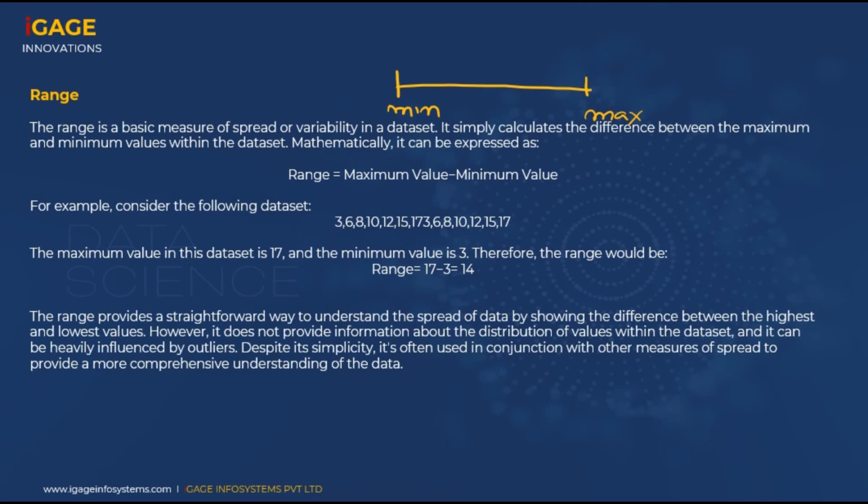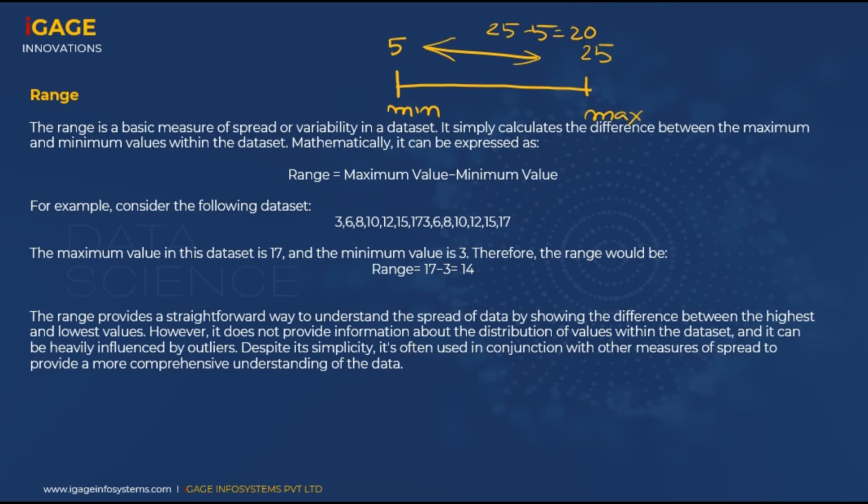The range is the distance from the largest score to the smallest score. If the largest score is 25 and the smallest score is 5, the range value is 25 minus 5, and that is 20.